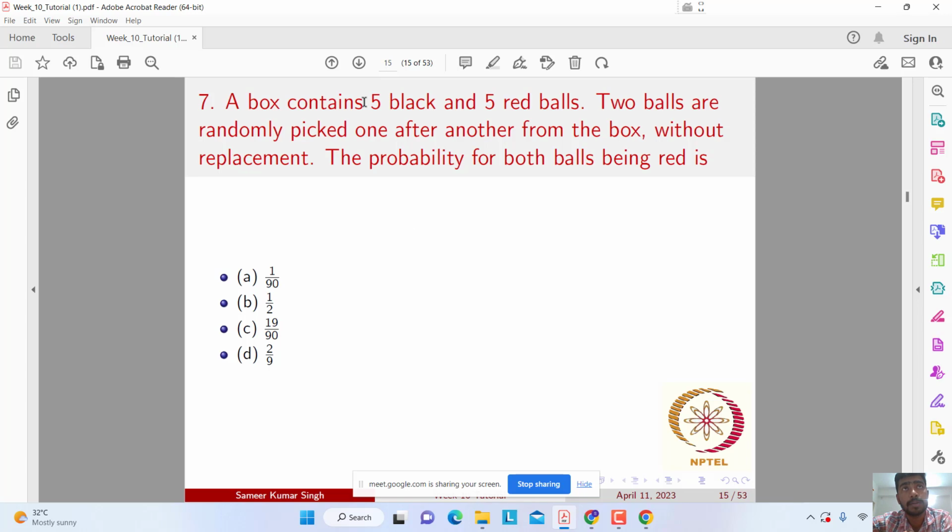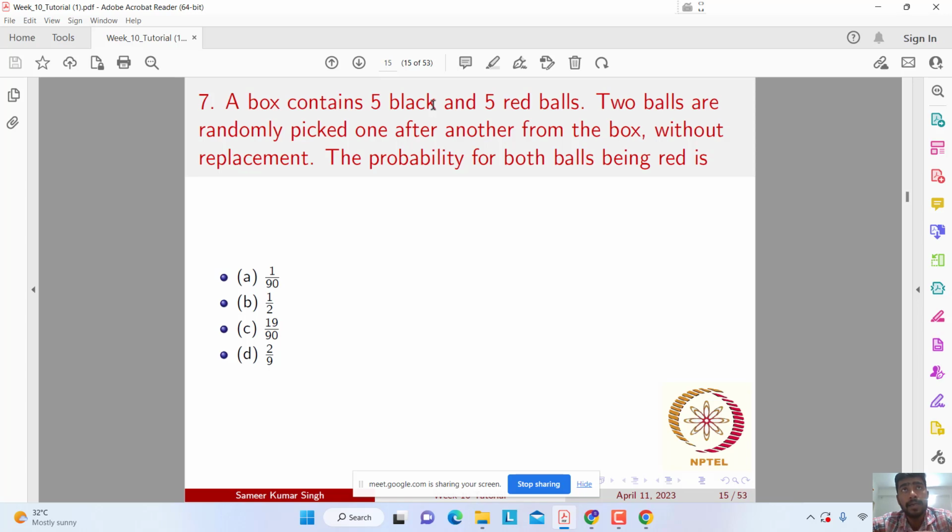We have a box, and that has two types of ball. First is black and next is red, and we have five black balls and five red balls, and we are picking two balls randomly, one after another from the box without replacement. Then we have to calculate the probability of both balls being red. So I'm giving you a hint.